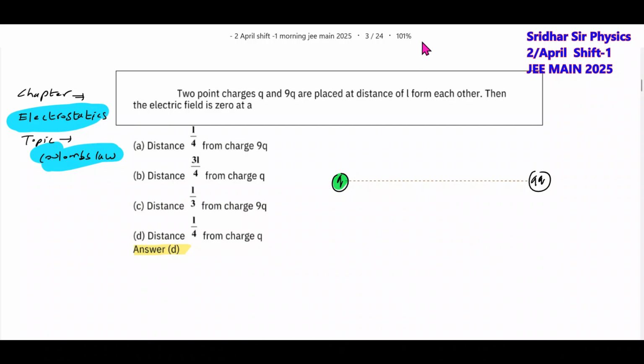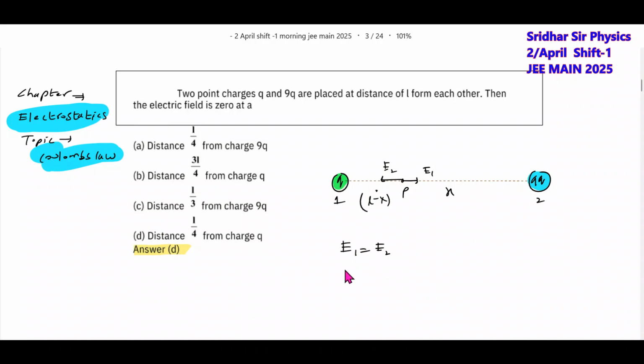Now where the electric field will be 0 is asking. Somewhere here, we'll take it far away from this. This will be x, this will be L minus x. The field, we'll call this 1, this 2. Due to 1 it will be like this, due to 2 will be in this direction. And the net field should be 0, so E1 equal to E2.